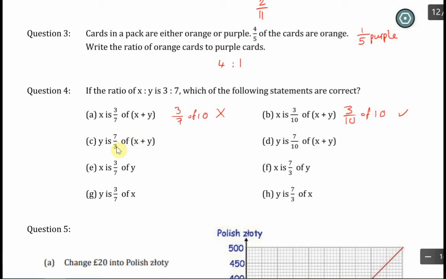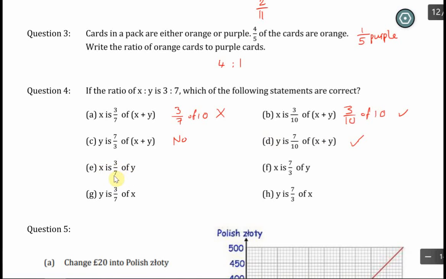So is y 7/3 of 10? Well, a third of 10 would be 3.3 recurring, times 7 would be over 21, so no. D, y is 7/10 of 10. I think we can see that that one's going to be the one that's correct.